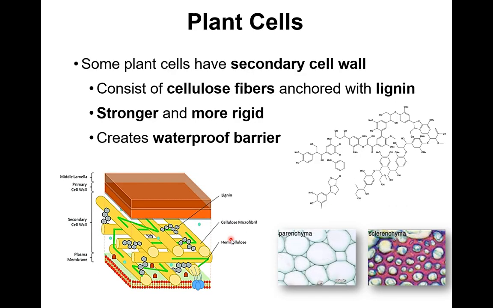As I mentioned before, all cells have a primary cell wall. Some plant cells also have a secondary cell wall. This is on top of the primary cell wall, and it is a stronger type of cell wall because it has a different structure. First of all, the orientation of the cellulose fibers is different, so that they form a stronger mesh overall.